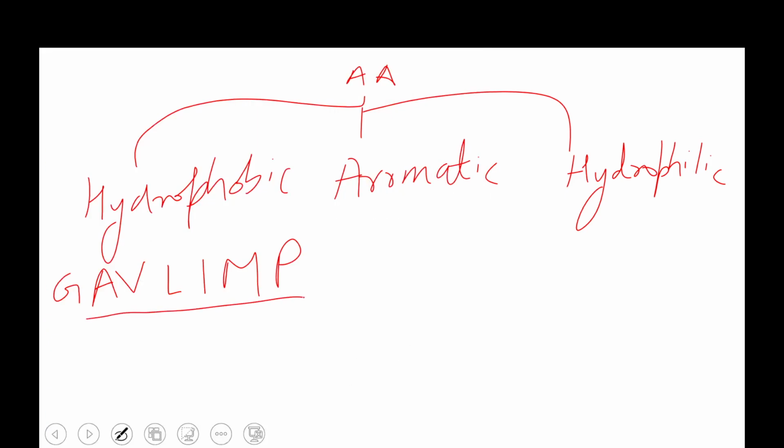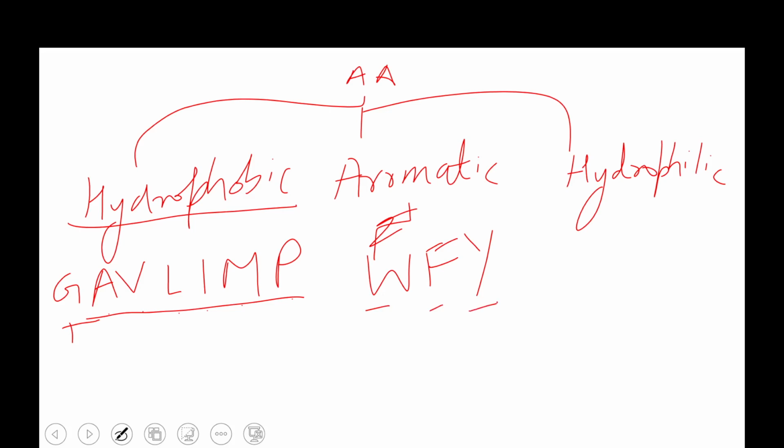Glycine, alanine, valine, leucine, isoleucine, methionine, and proline. These come under the hydrophobic category. In the aromatic we have WFY: tryptophan, phenylalanine, and tyrosine.